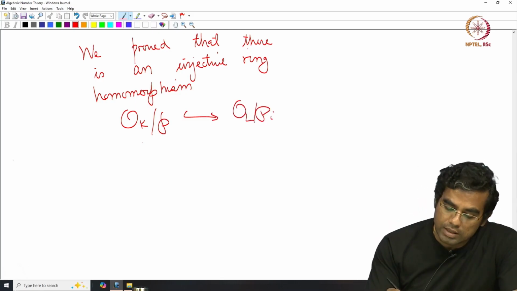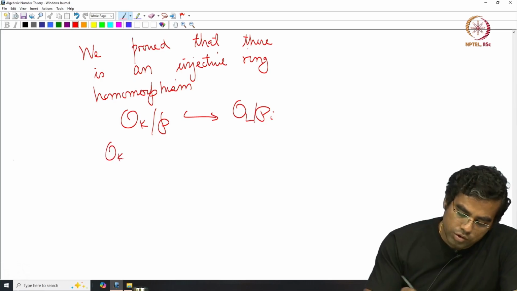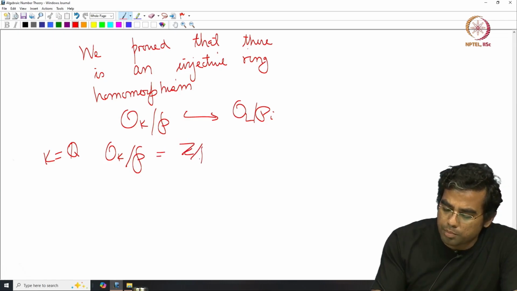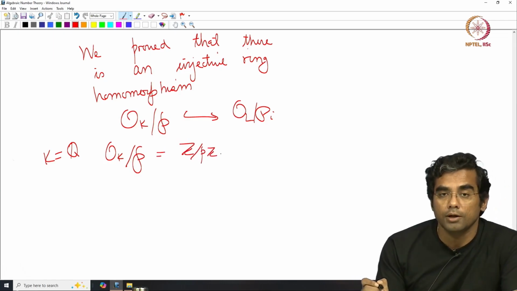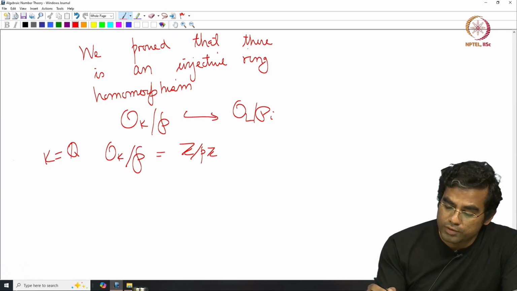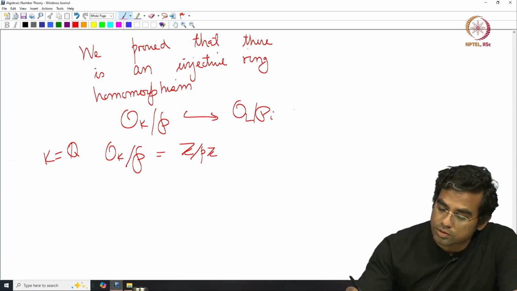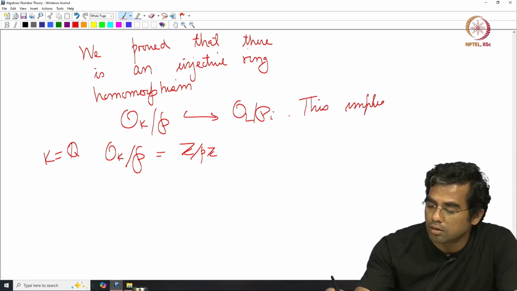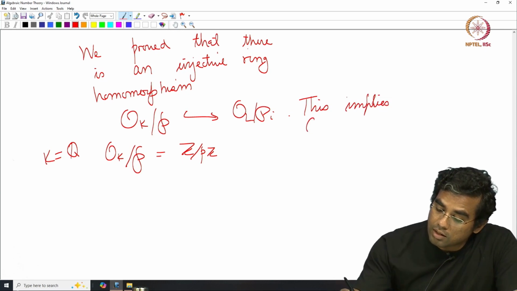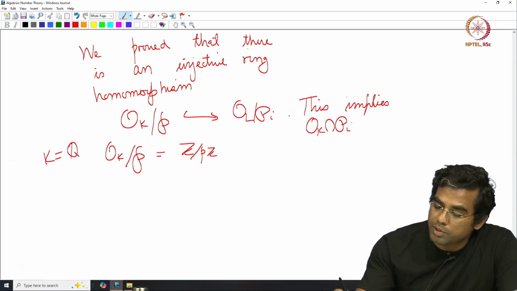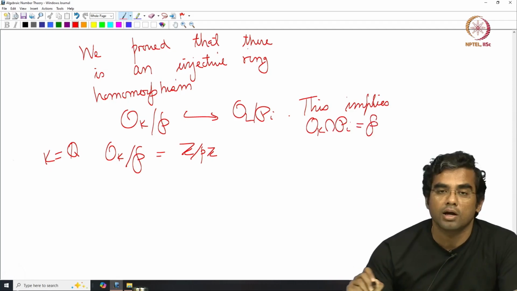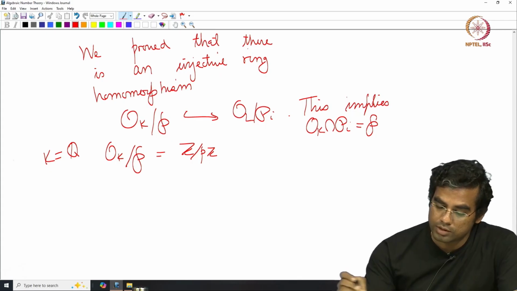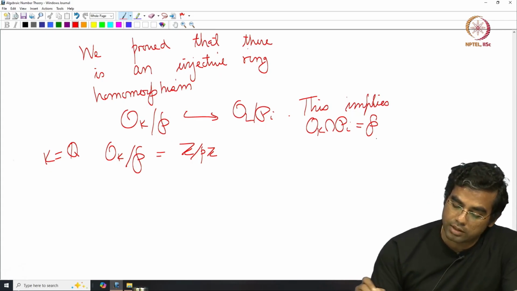But in our case, when K is equal to Q, OK mod P is just Z mod pZ. This implies that OK intersected with Pi is equal to P. I should have remarked this when we proved the injectivity of this map, but it is clear that it implies this.